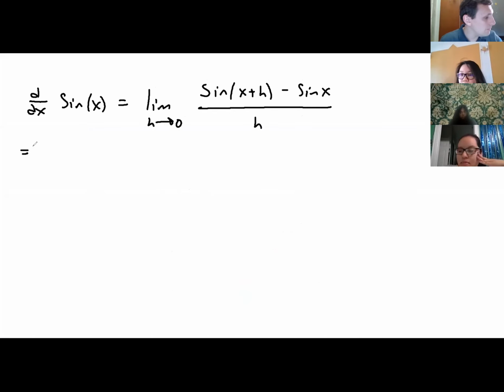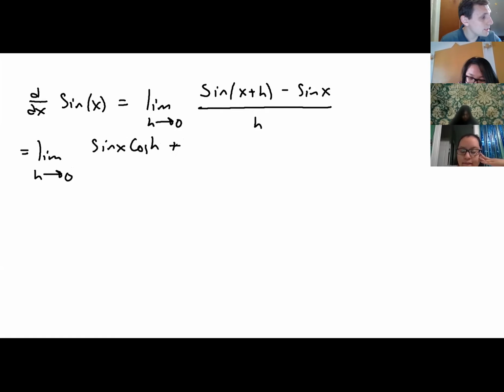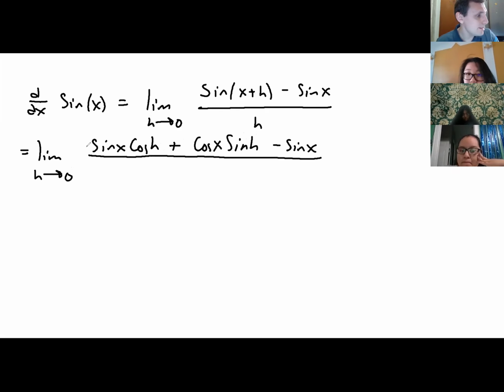Now the sum of two angles formula tells us that we can write it as sine x cosine h plus cosine x sine h. That's the expansion of sine here, minus sine x divided by h.